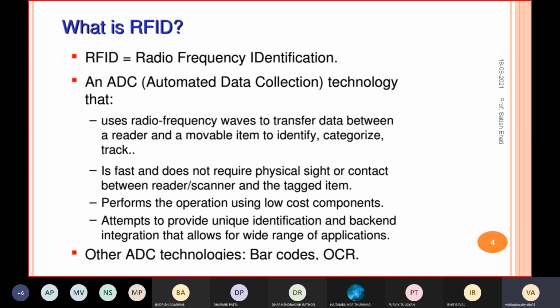You can also find mobile applications: sometimes you have a PDF and you can't copy the text, so if you upload that PDF to an OCR application, you can find whatever characters are written. So that is OCR. This OCR and barcode are similar technologies to RFID.